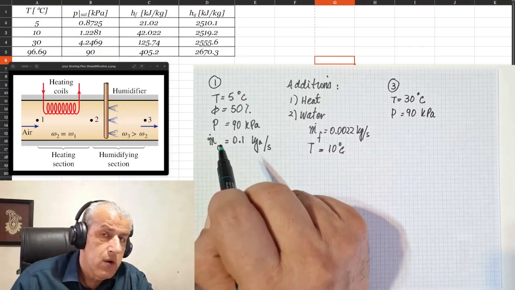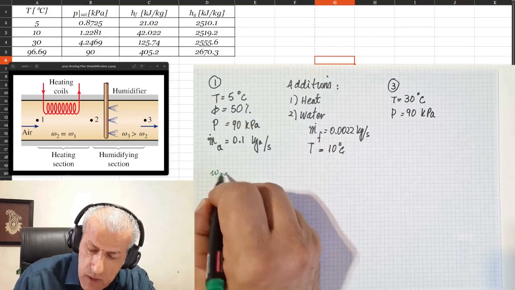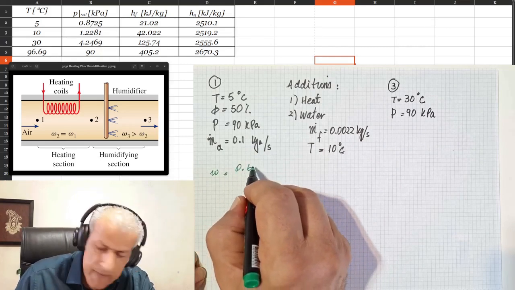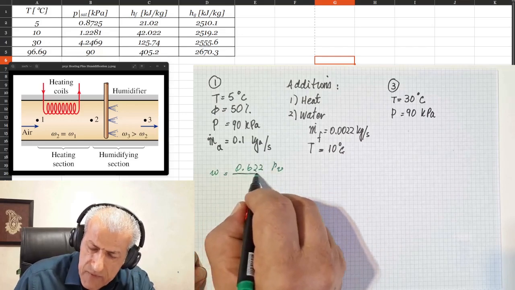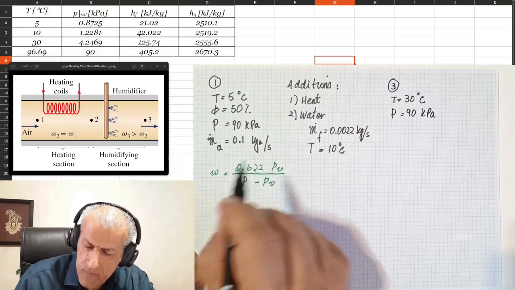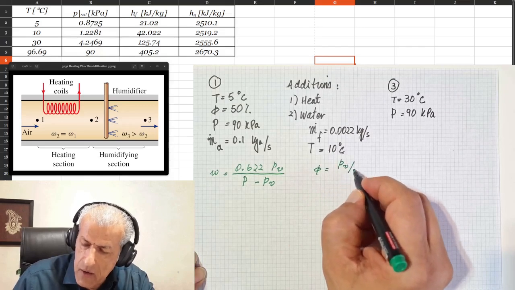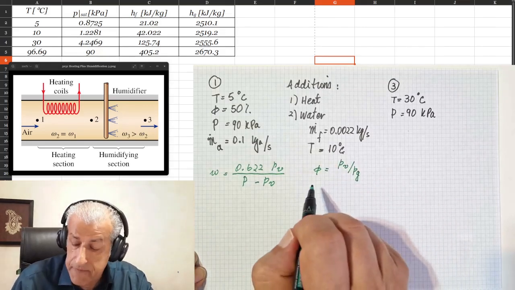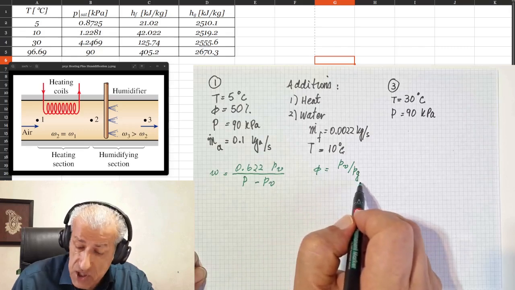Therefore, we write W equals 0.622 PV divided by total pressure minus PV. We also know that phi equals PV over PG, so we can calculate PV from phi times PG.